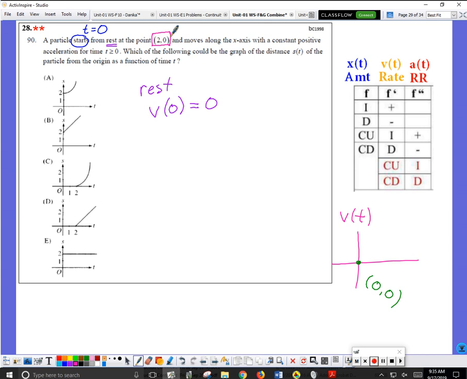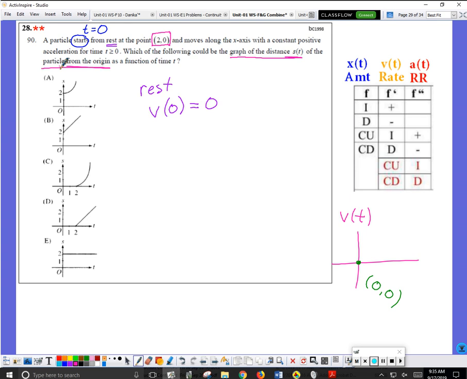Answering Luke's question, there's 2 points. They want to know which of the following could be a graph of the distance s of the particle from the origin. Watch me again. I'm the particle. Right here I am at the origin, location 0. My position, we've been doing this for days, is -10. I am 10 from the origin. My position is -20.